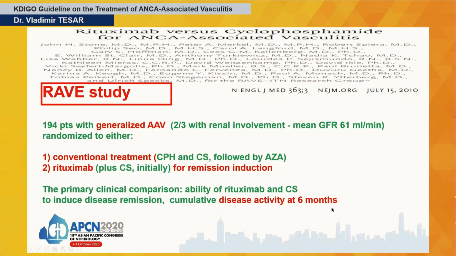And rituximab was a good candidate and was tested in the RAVE trial in generalized AAV in 2010. You see here that conventional treatment with cyclophosphamide and corticosteroid followed by AZA was compared with rituximab for remission induction, with the primary endpoint disease activity at 6 months.